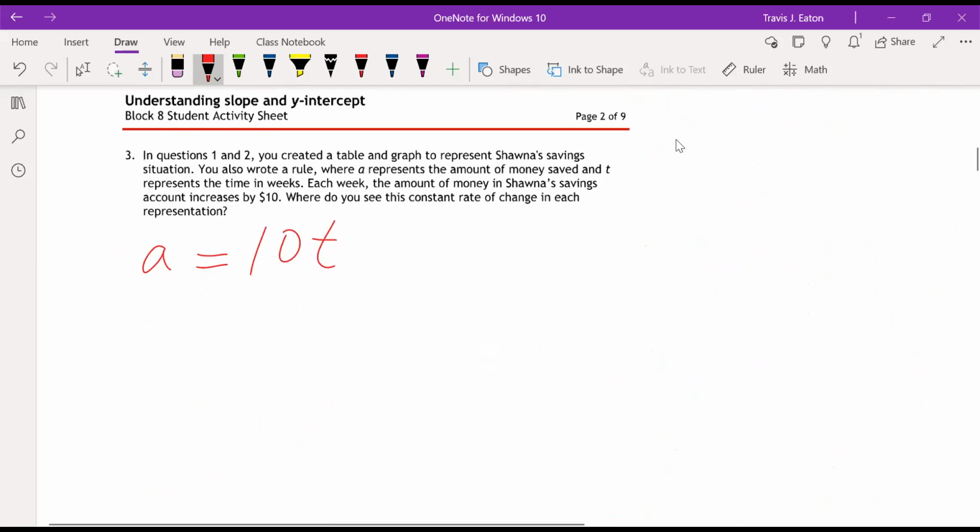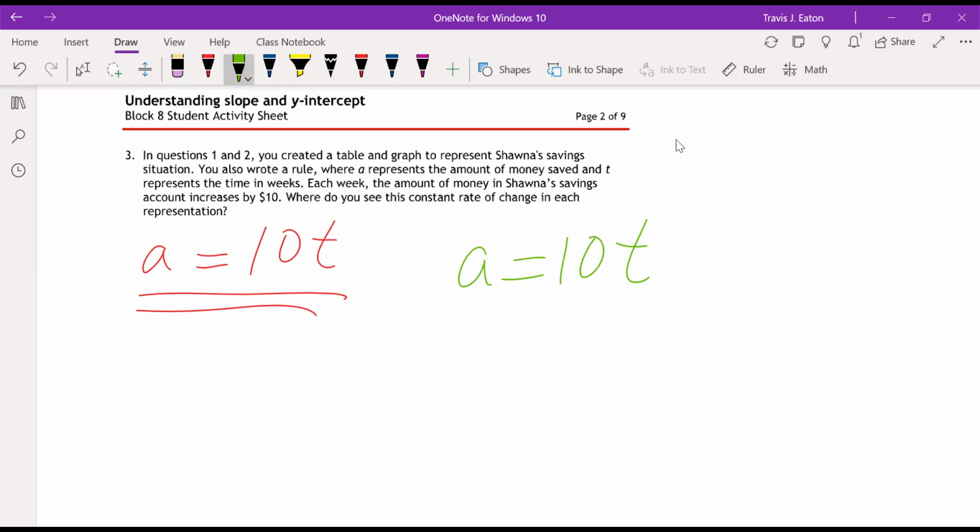So the great thing about this equation that we see right here, A equals 10T, we can rearrange this by manipulating it just a little bit. A equals 10T. What I'm going to do is I'm going to divide this side by T and this side by T. Now, this is a single step equation.